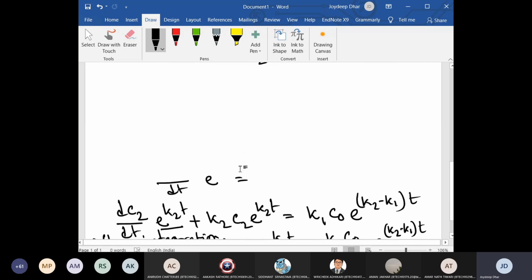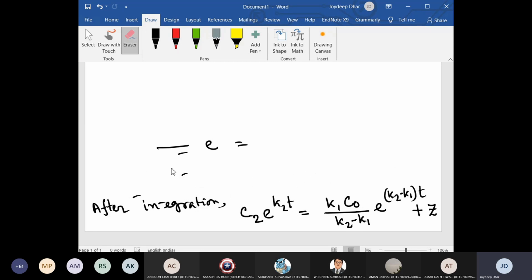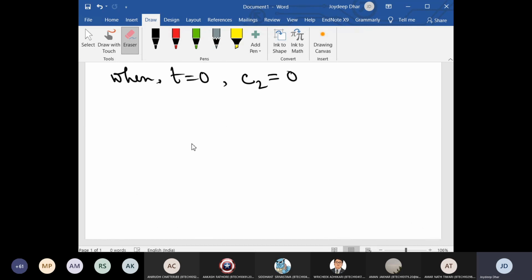So applying this condition, you can get the unknown constant Z. When T equals 0, C2 is also 0, and you will get Z equal to minus K1 C naught by K2 minus K1.